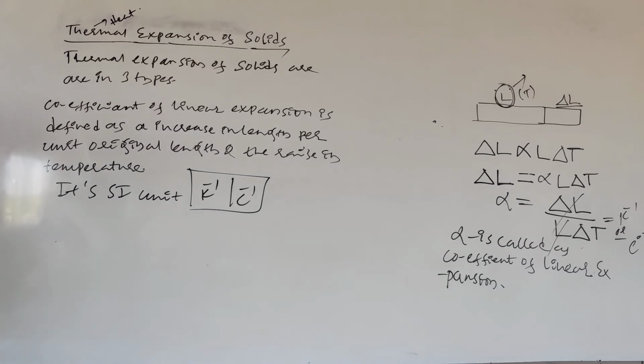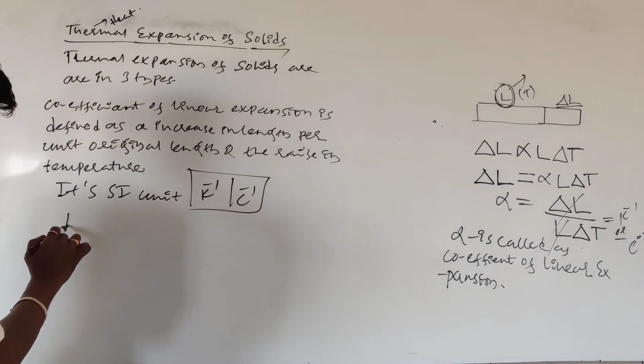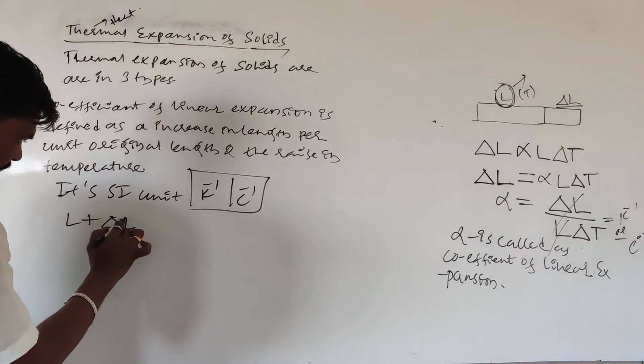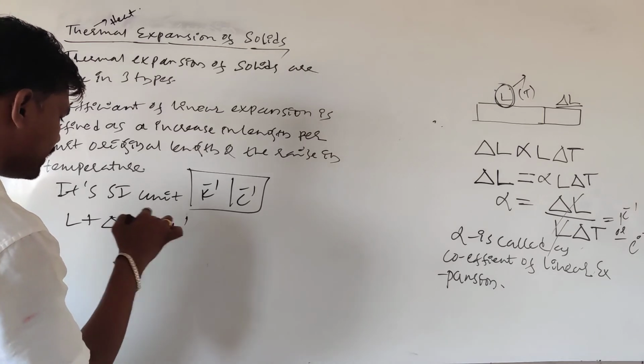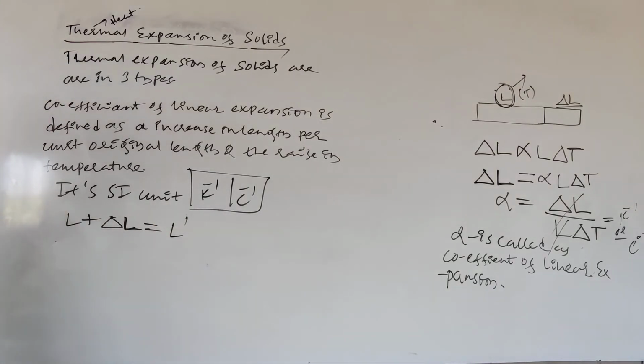Got it? So here L plus delta L is equal to L dash.